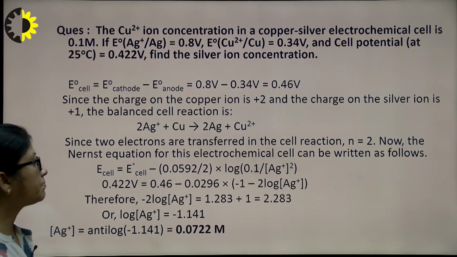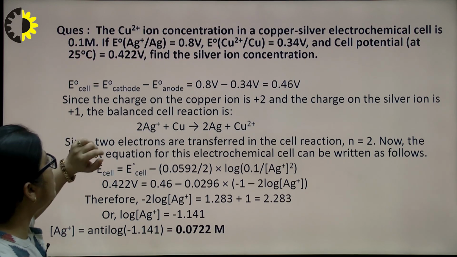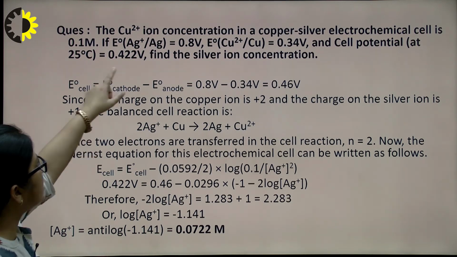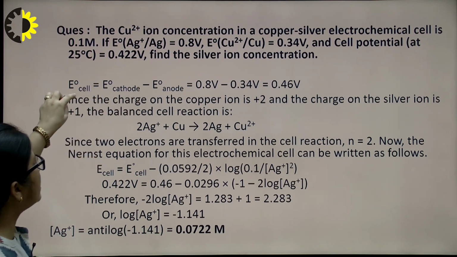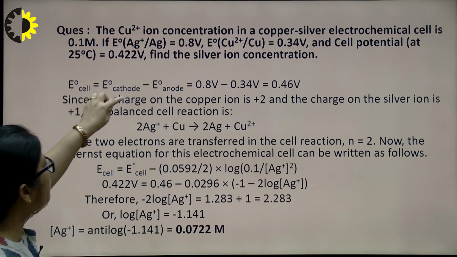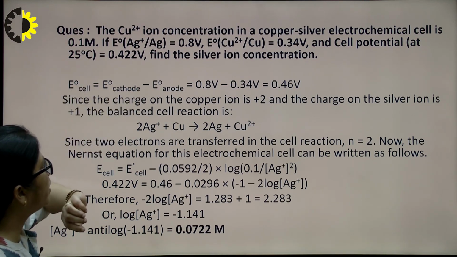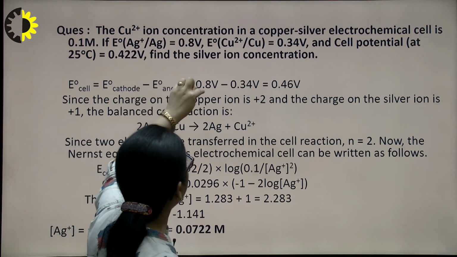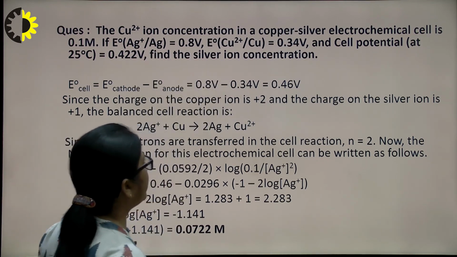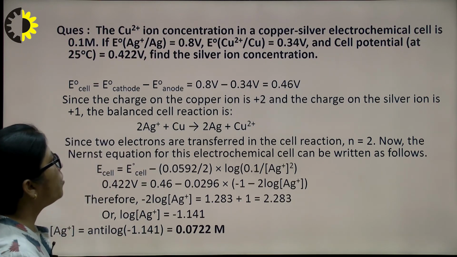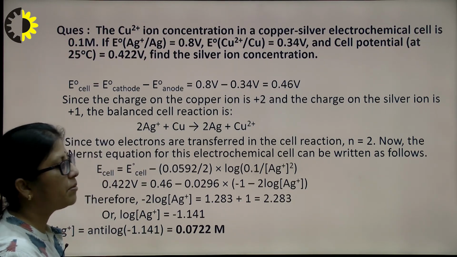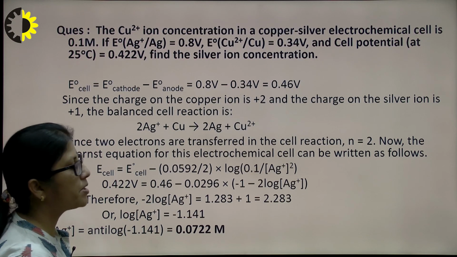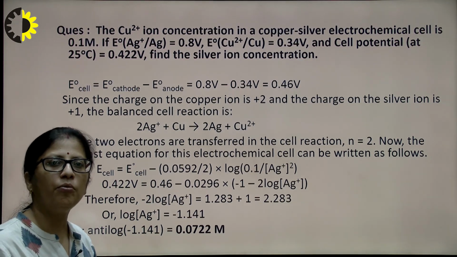So, here we can find out the E naught cell by putting these values. E naught cell is given by E naught cathode minus E naught anode, and cathode is silver whereas anode is copper. So, 0.8 volts minus 0.34 volts, which comes out to be 0.46 volts.